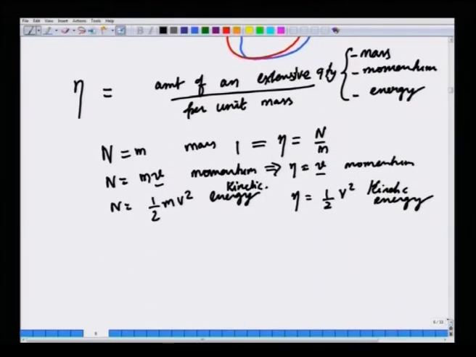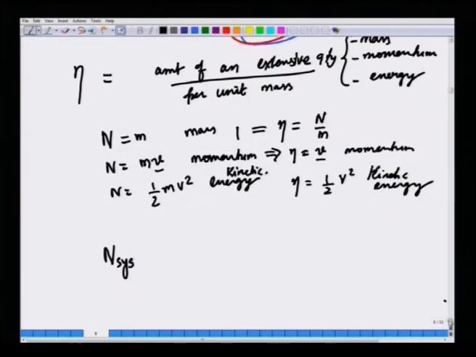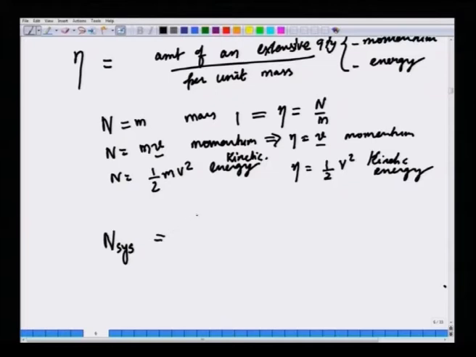Okay. So, now we are interested in the quantity that is present in the system, the total amount of a quantity such as mass, momentum or energy that is present in the system. So, this is the integral over volume of eta rho dV.